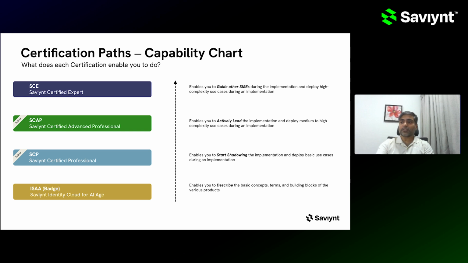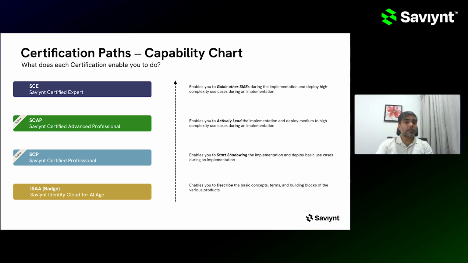The bottom one, the yellow one, the Saviynt Identity Cloud Associate, is actually not a certification, it's going to be a badge, an entry point for the masses. This badge exam will allow you to describe the basic concepts, terms, and building blocks of our various products.